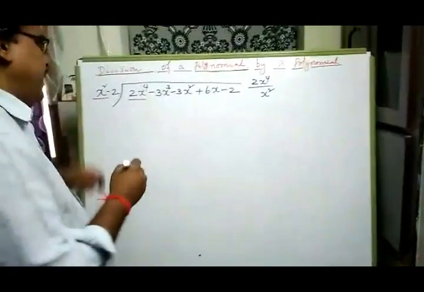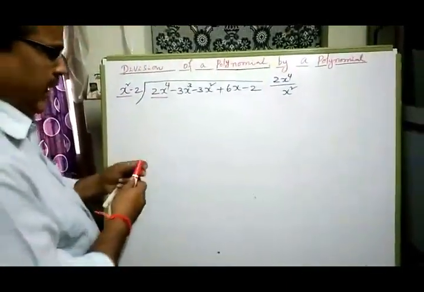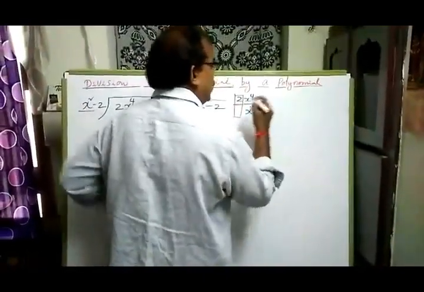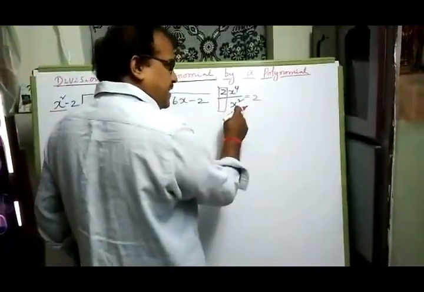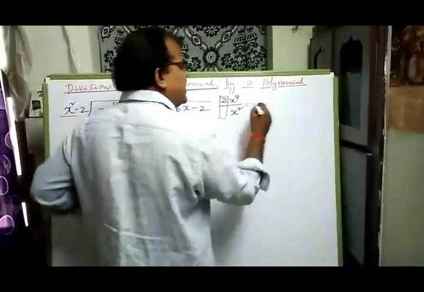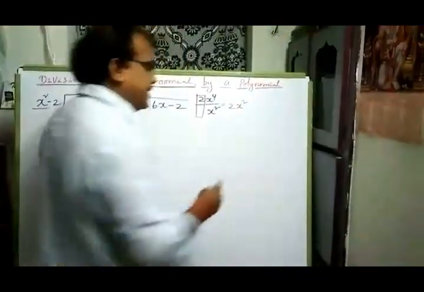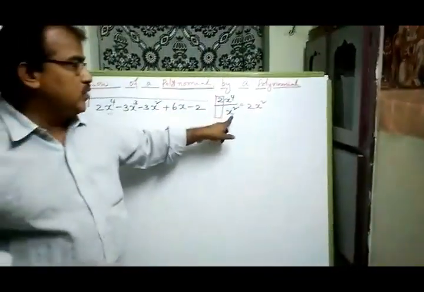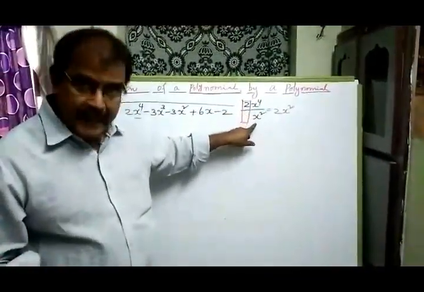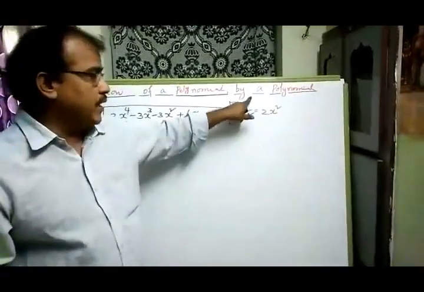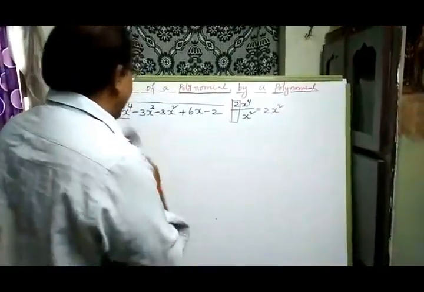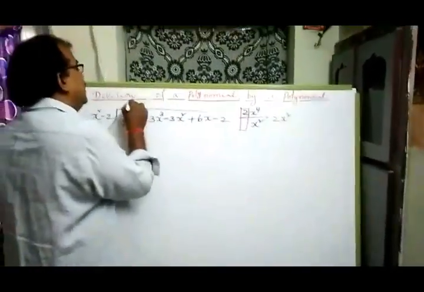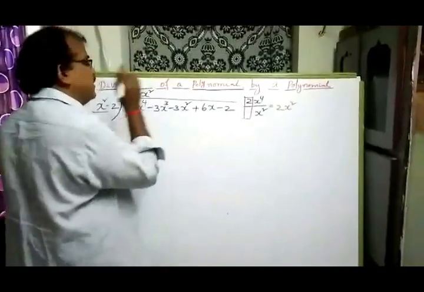Anyhow, 2 by 1 is 2. Then x to the power of 4 by x square is nothing but x square. Already I said a to the power of m divided by a to the power of n is a to the power of m minus n, so x to the power of 4 minus 2 is x square. So this 2x square is the partial quotient. I will write it in the quotient part.